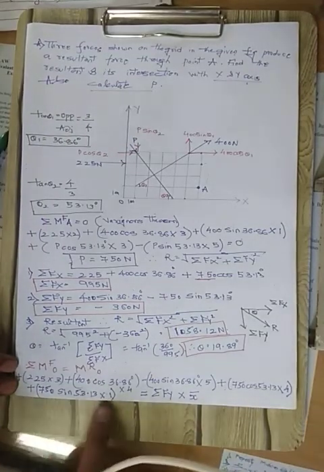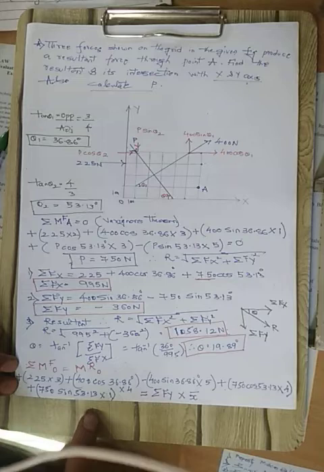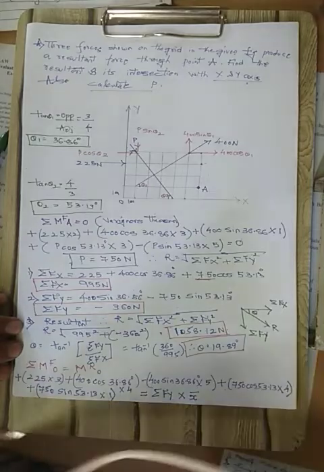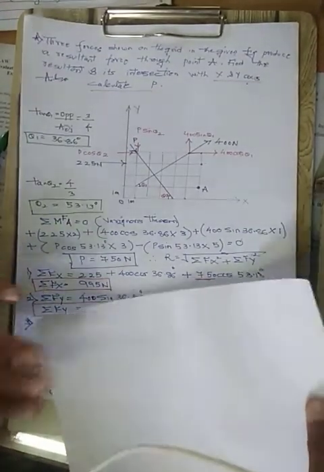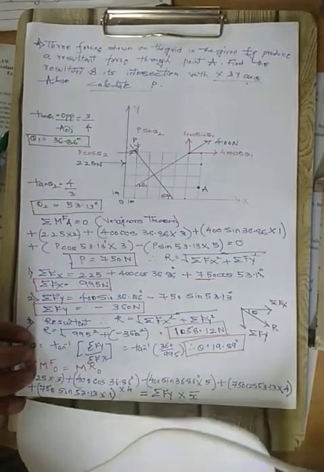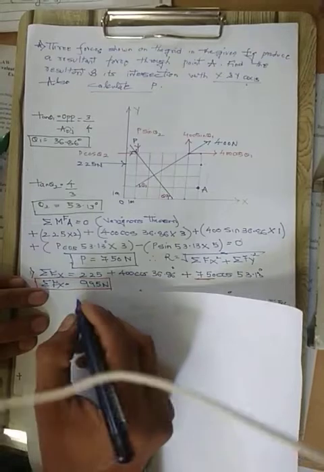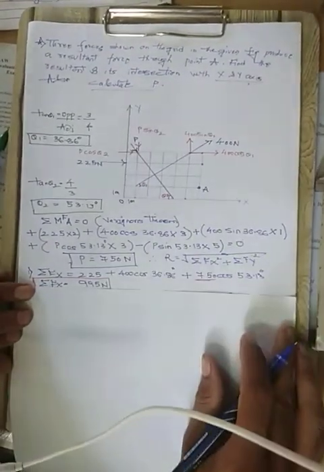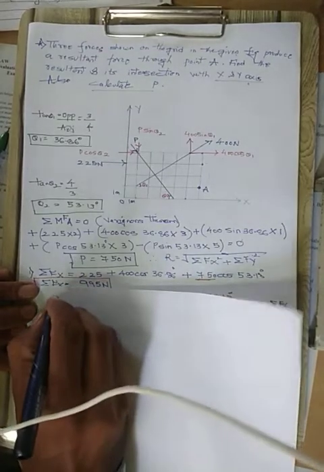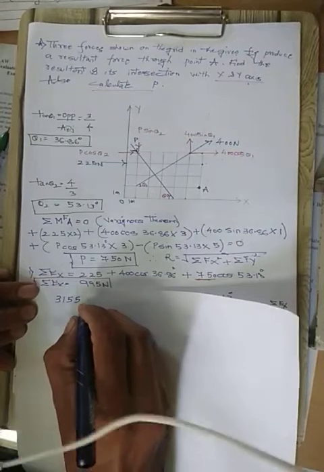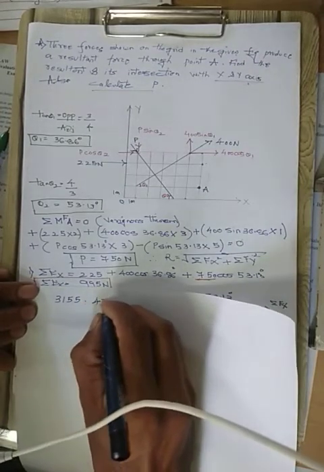So the left hand side, you should calculate the left hand side value. The left hand side value of these forces, all these calculations, it comes to be 3155.45.